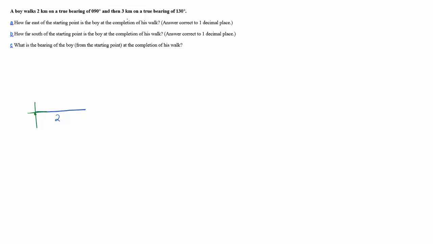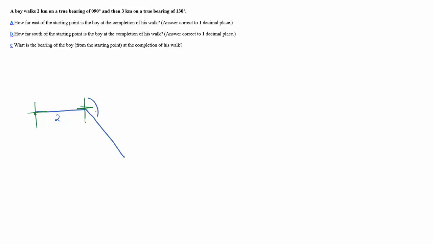Then the boy walks 3 kilometres on a true bearing of 130 degrees. So from where we are now, we can draw our new compass points, and then we're going to go on a bearing of 130 degrees true. Again, we start at north and we go 130 degrees true, so down this way.